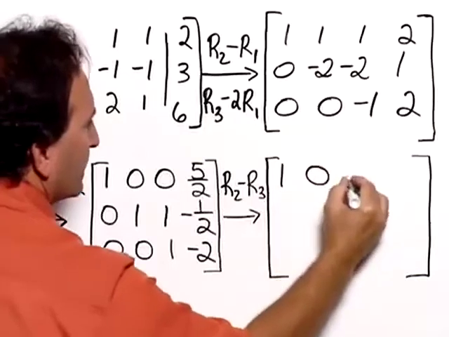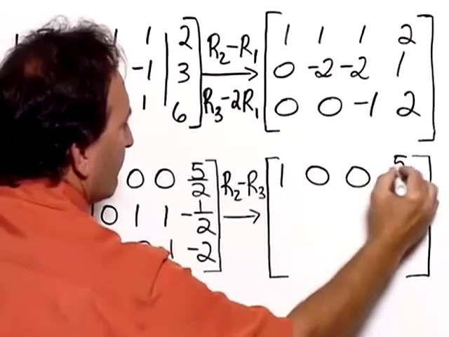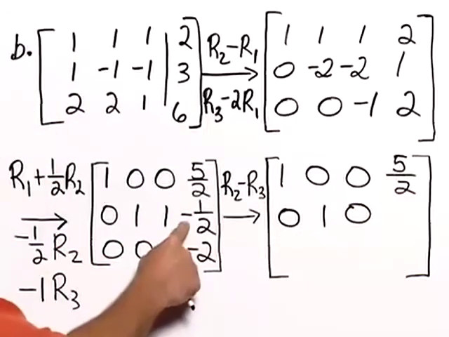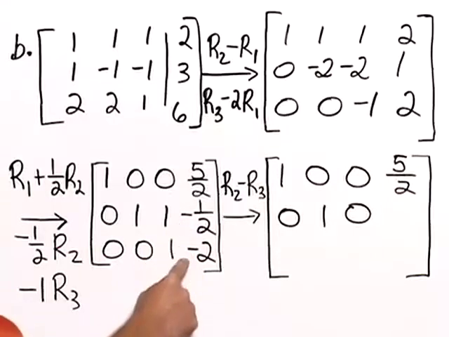1, 0, 0, 5 halves. Row 2 will subtract row 3. 0 minus 0 is 0. 1 minus 0 is 1. Now 1 minus 1 is 0. Then we have negative a half minus a negative 2.